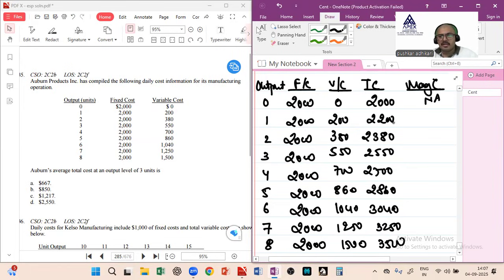Here it is not applicable. Here it is 2200 minus 2000. So the marginal cost for the first unit is 200.